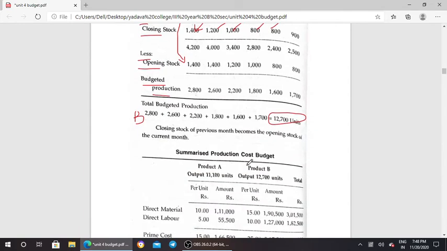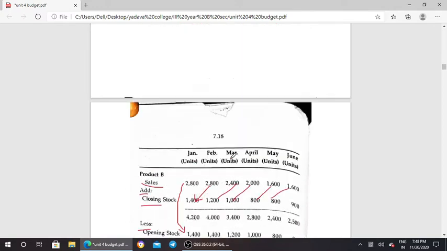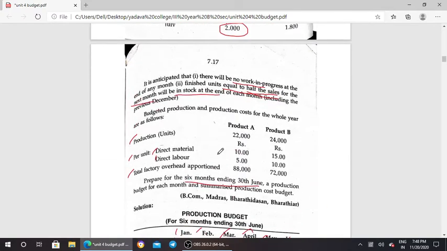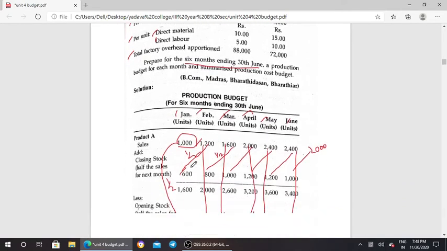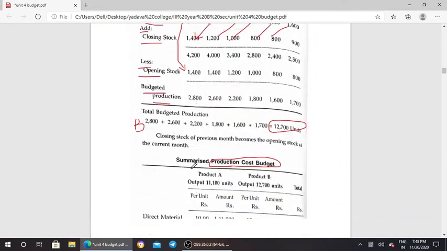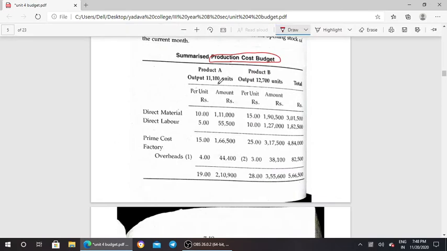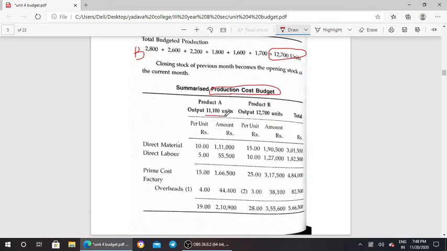When we summarize the costs, this is called the production cost budget. They have given some information about direct material, direct labor and so on. With the help of this, we have to calculate. Output of product A is 11,100. Output of product B is 12,700. Direct material they have given as 10 per unit, so 10 into 11,100 gives 1,11,000.